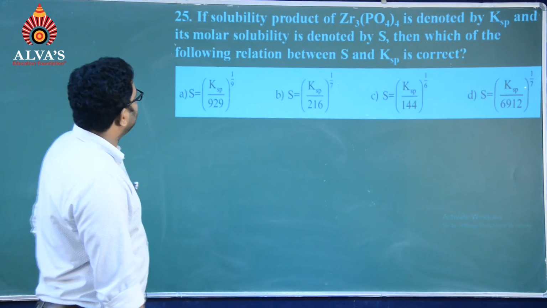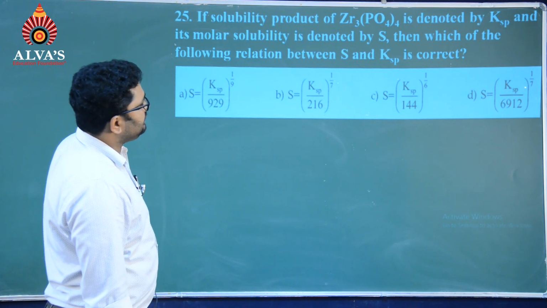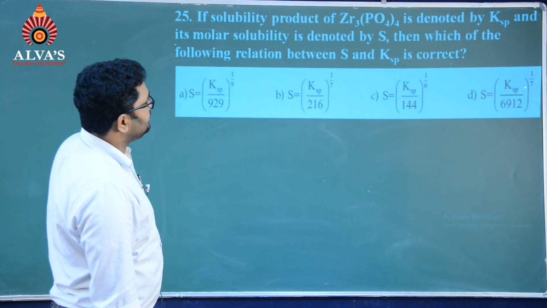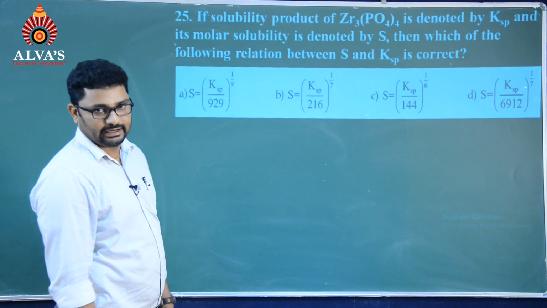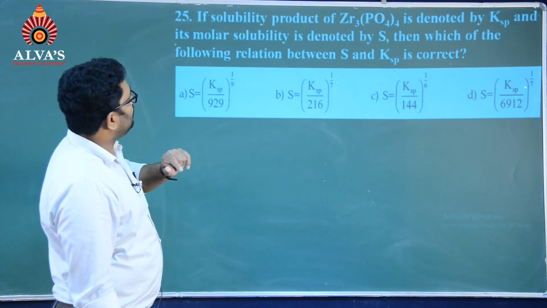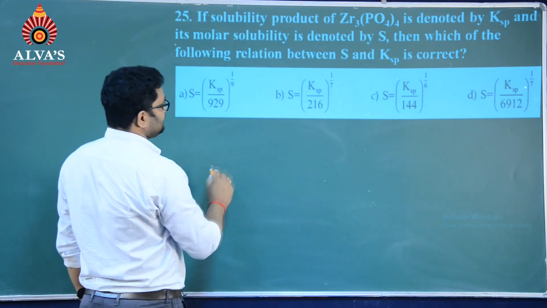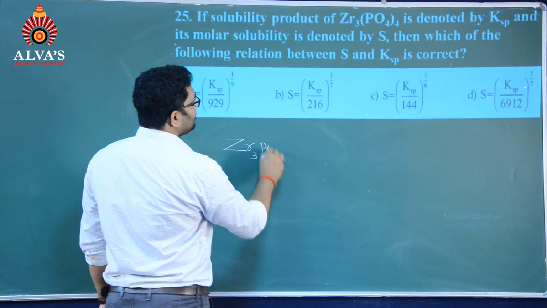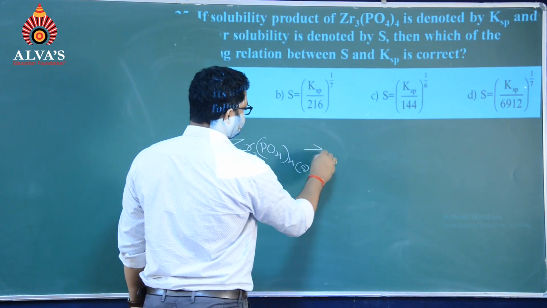Next question. If the solubility product of zirconium phosphate is denoted by Ksp and its molar solubility is denoted by S, then which of the following relations between S and Ksp is correct? This is based on solubility product. Students, let us write the ionization of zirconium phosphate, that is Zr3(PO4)4 solid.